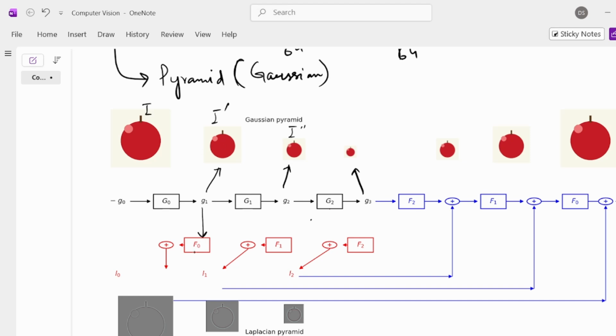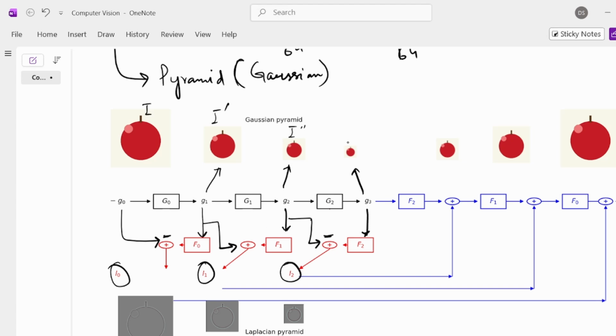So we are passing it through the F0, and once it is upsampled, we would be subtracting it from G0, generating I0. Similarly, we would upsample G1 through F1, and whatever is the upsampled version would be giving us the I1. Similarly, this G2 here would be minus the upsampled G3, so this would be I2.